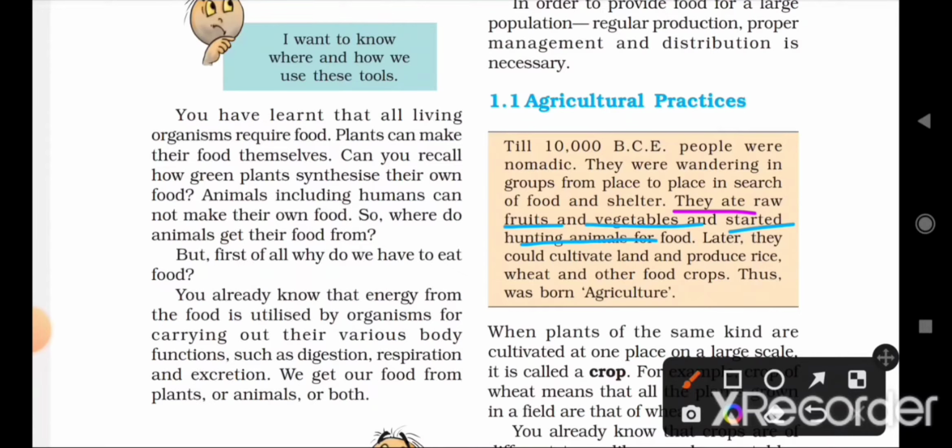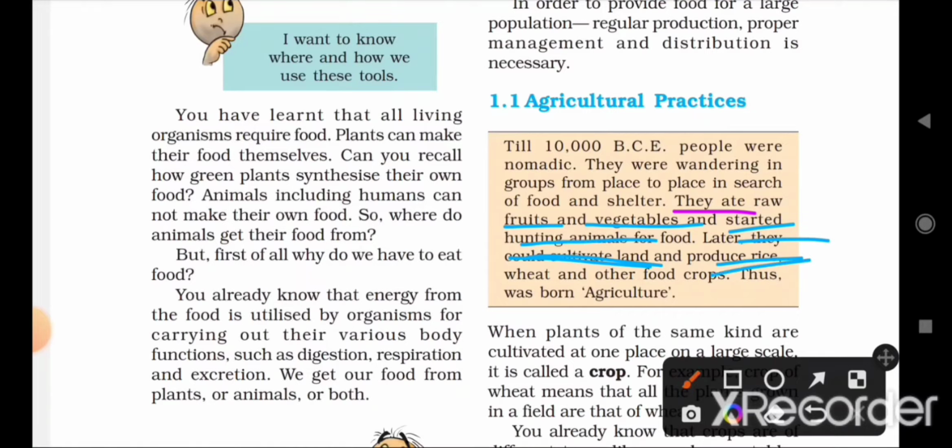After some time they also tried hunting animals for food. Later they could cultivate land and produce rice. After some years they tried to cultivate the land and produce rice.